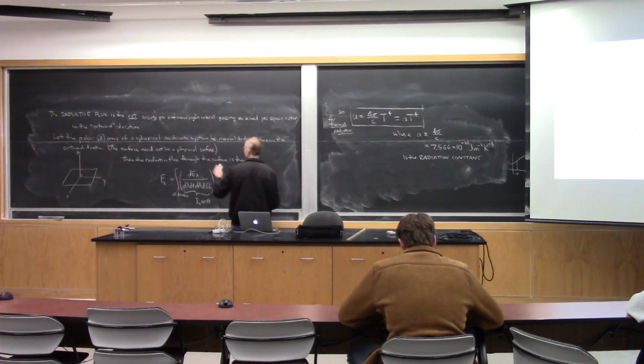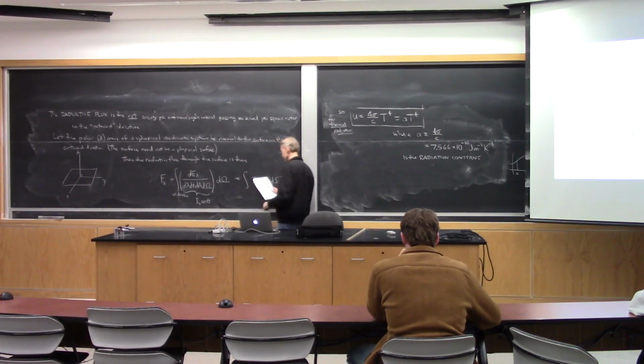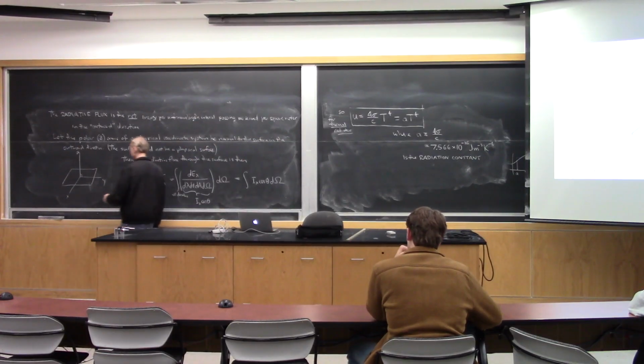So in other words, the radiative flux is the integral of I lambda cos theta d omega, whereas remember for the mean intensity it was just I lambda d omega. For the radiative flux we've got I lambda cos theta d omega that is showing up.